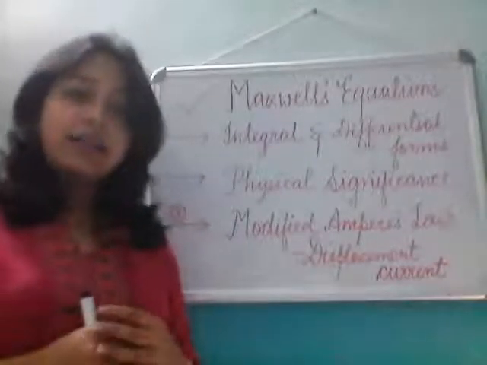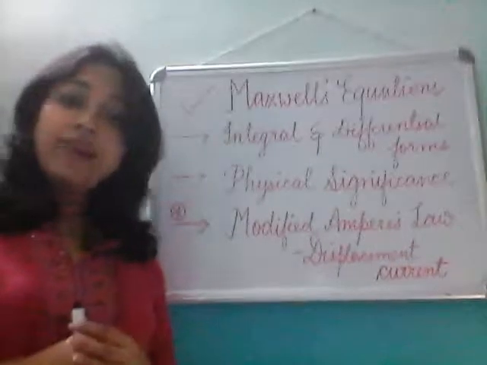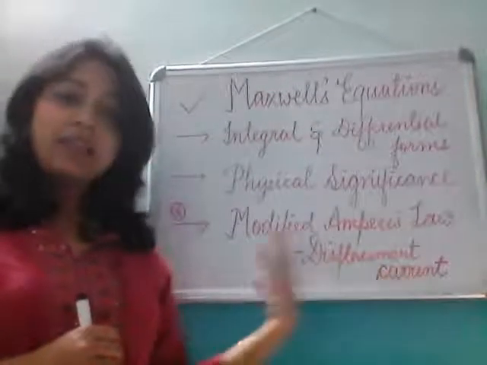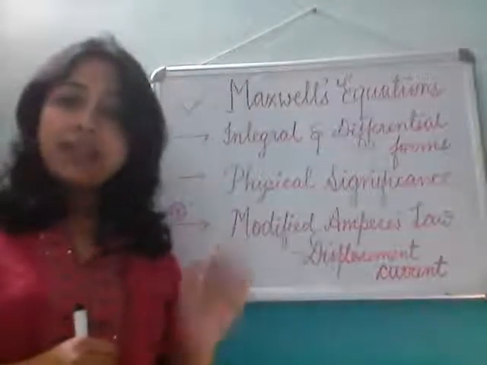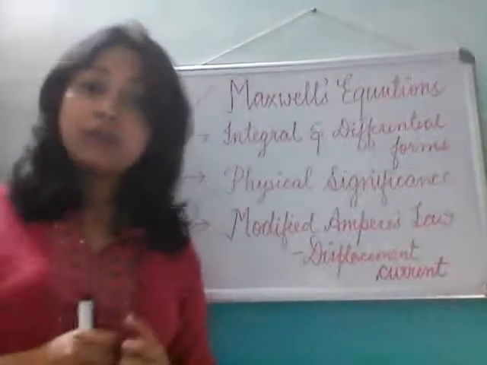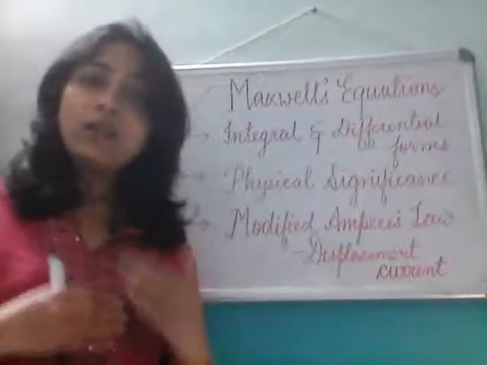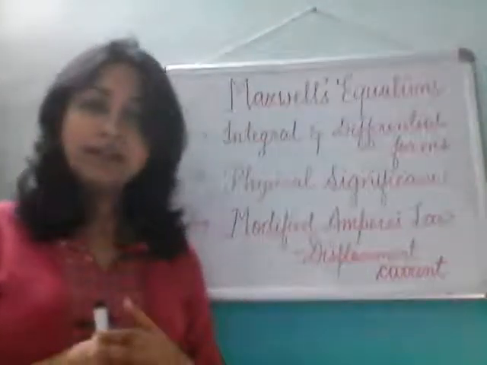And essentially, if you see here, I have written as a fourth point the modified Ampere's law and something called the displacement current. The last point that you can see over here, which I have also marked with a star, is basically the fourth Maxwell's equation, and it brings in a very new concept called the displacement current.